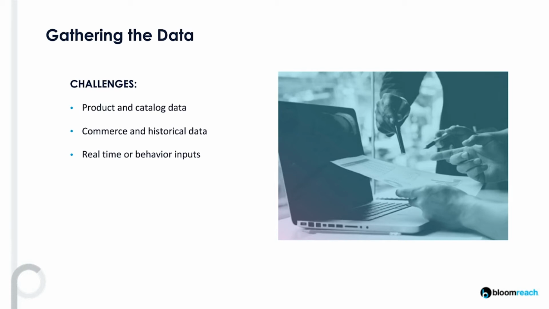And then if you look at the commerce and historical data, depending on the platform, some of that might be available. However, things like previous purchase history or top-selling products that you might want to use to influence search results, that's often going to require additional development work. So a little bit of extra time and cost there.